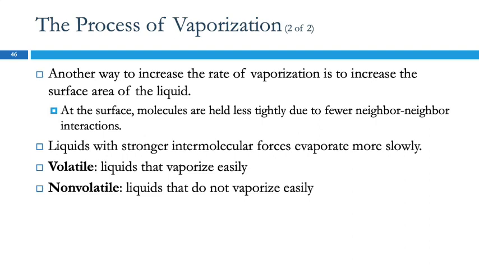Another way we can increase the rate of vaporization is to increase the surface area. In order for molecules to vaporize, they have to get to the surface, right? So if we have more surface area, we have more particles that have a chance to escape, right?